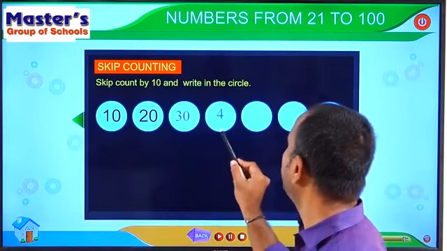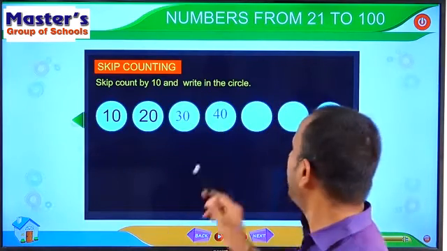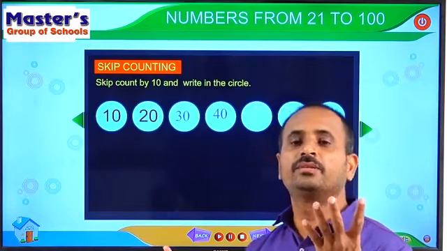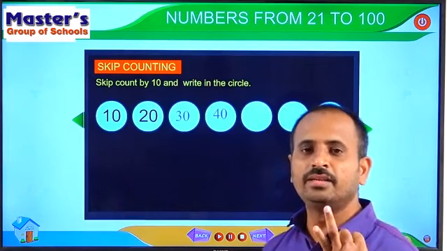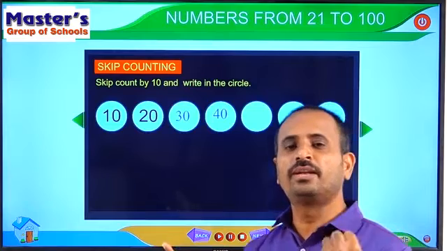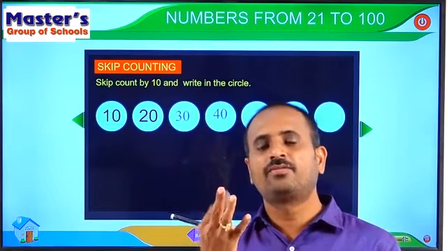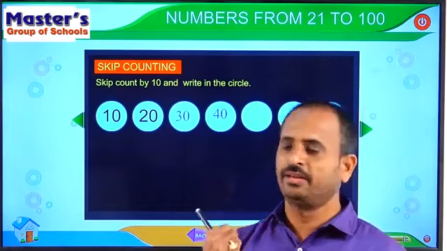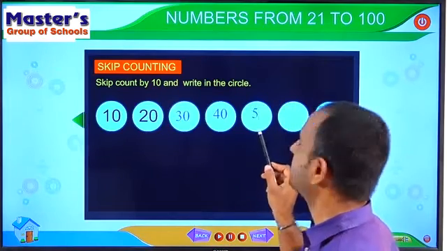So write 40 in the circle. And again add 10 to the 40. After 40, 41, 42, 43, 44, 45, 46, 47, 48, 49, 50. So write 50 in this circle.